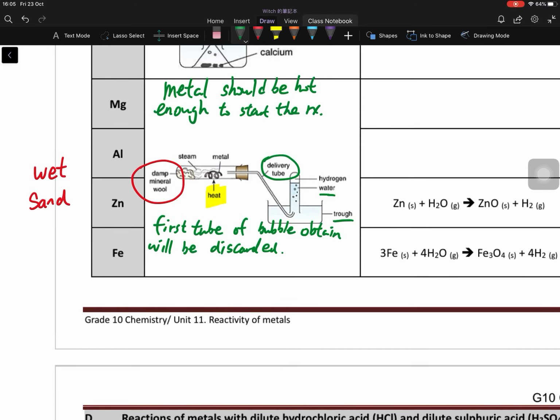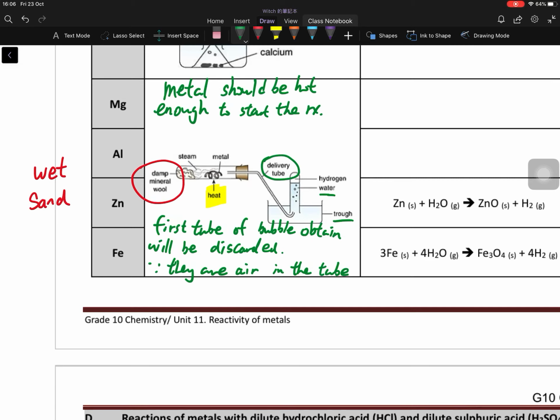After you start the Bunsen flame, the gas bubbles start to form, but the first tube of gas bubbles we obtain will be given up. We will not use it. The reason behind this is because it is air in the tube.